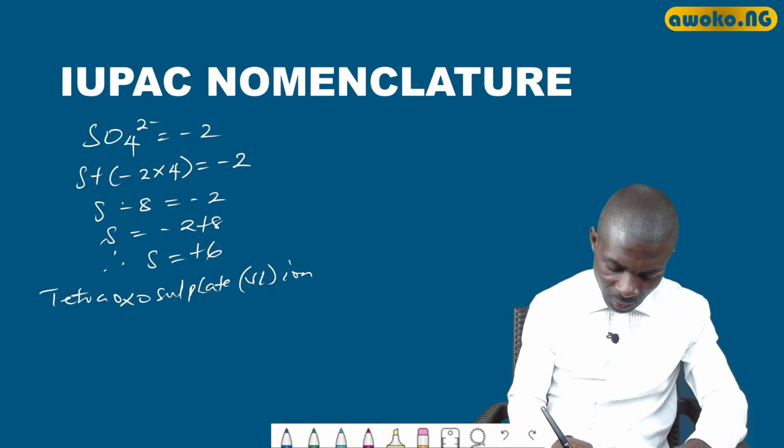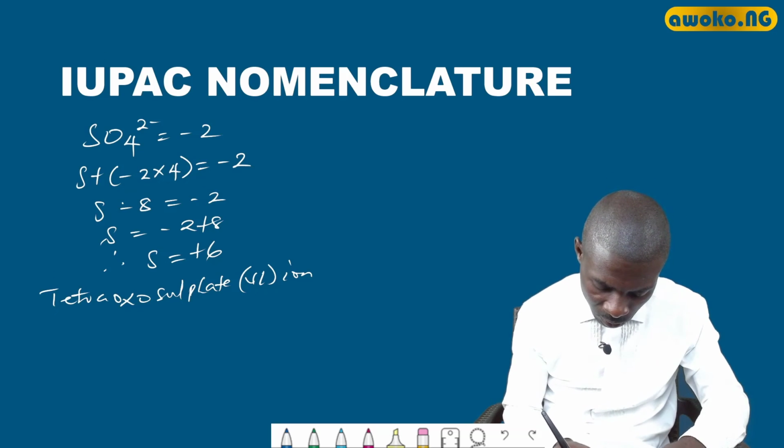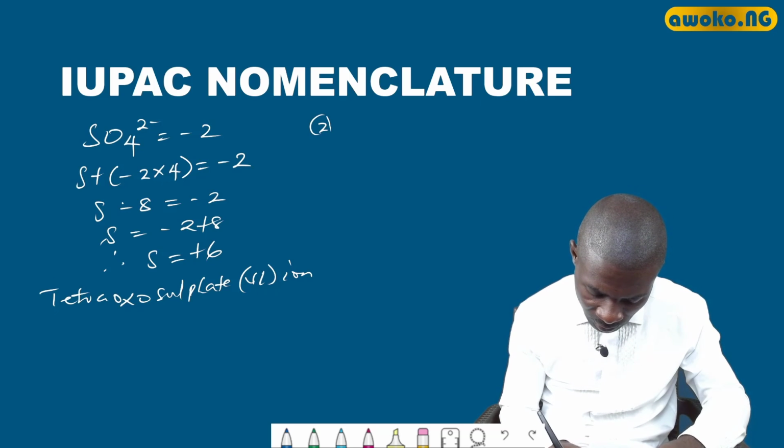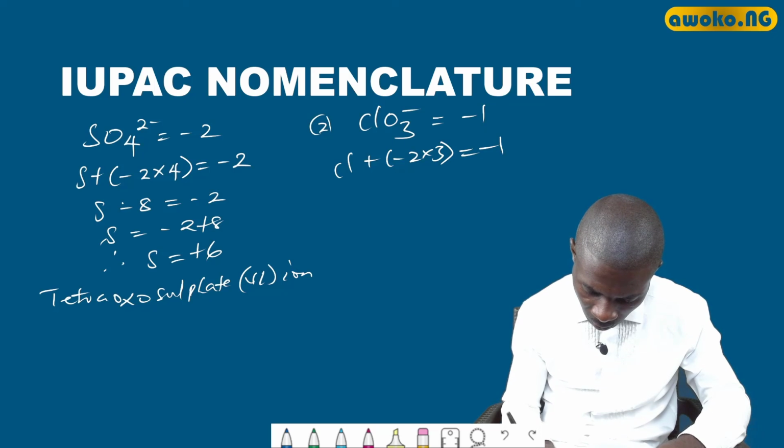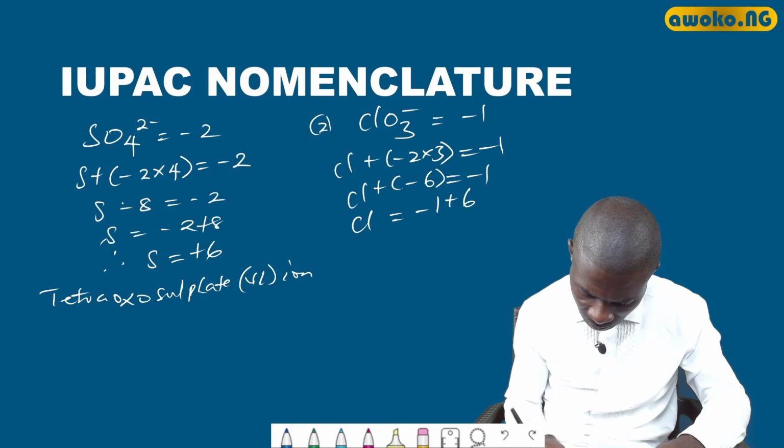Now let's take a look at the last ion that we are going to consider today. The last ion is ClO3-, with a charge equal to -1. So we have Cl as our subject of the formula plus (-2) times 3 is equal to -1. We have Cl plus (-6) equal to -1. Cl is equal to -1 plus 6.